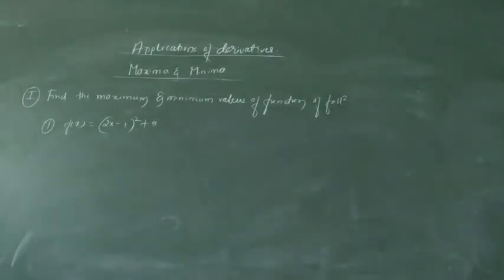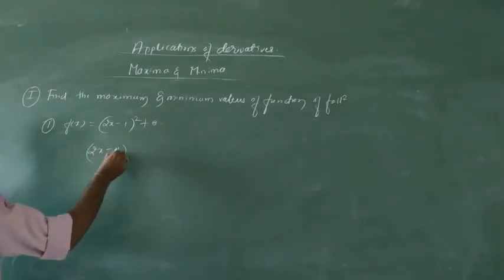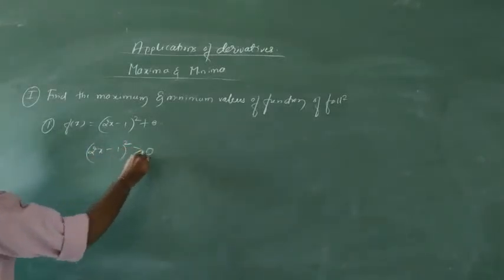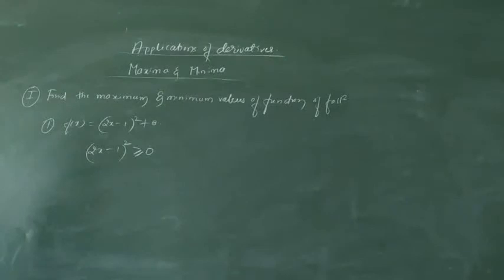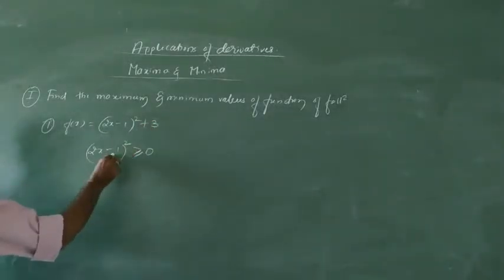Already we know that the square function is always greater than or equal to 0. Here, (2x minus 1) whole square is always greater than or equal to 0. The square number is always greater than or equal to 0. Now what is missing here?